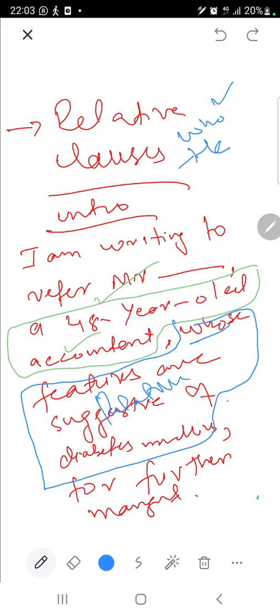Now we have two types of relative clause, either defining or non-defining. In this sentence, it was non-defining. When we have a non-defining clause, we put commas over here and over here. But when we have a defining clause, there is no comma. What is a defining clause?